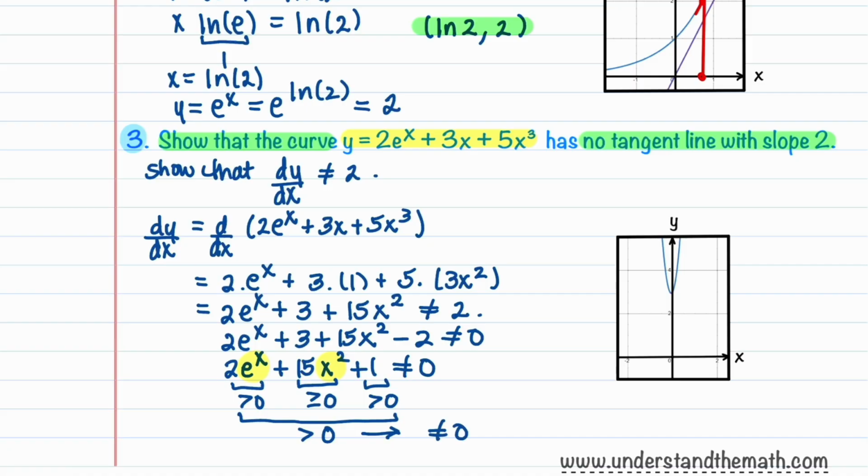So we have shown that 2e to the x plus 3 plus 15x squared cannot be equal to 2. I actually took this expression right here and I graphed it because I wanted you to see that that expression is definitely greater than 0.